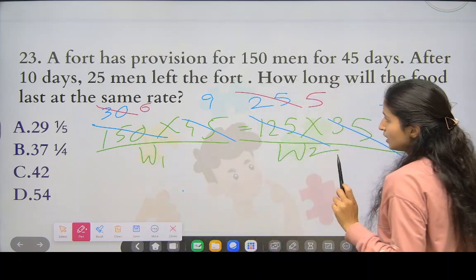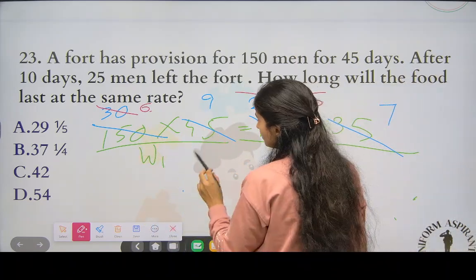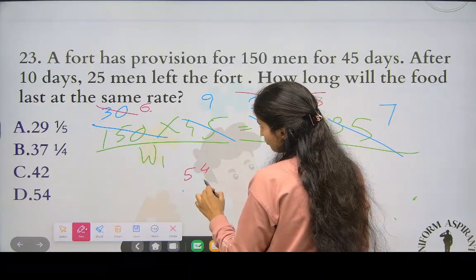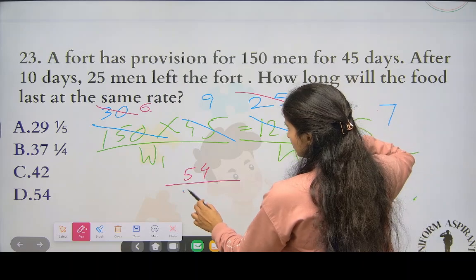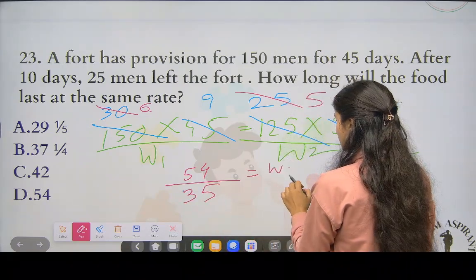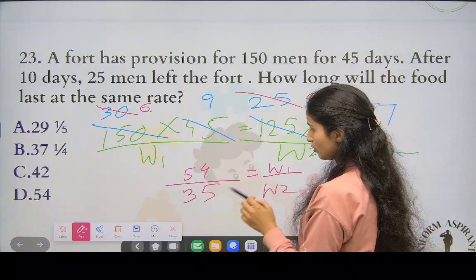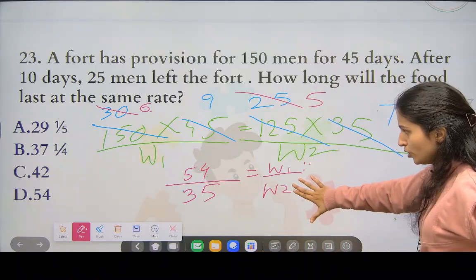Am I clear? Yes. So what will be the answer? 6 9s are 54. 7 5s are 35. W1 upon W2, work 1 means food 1 upon food 2.